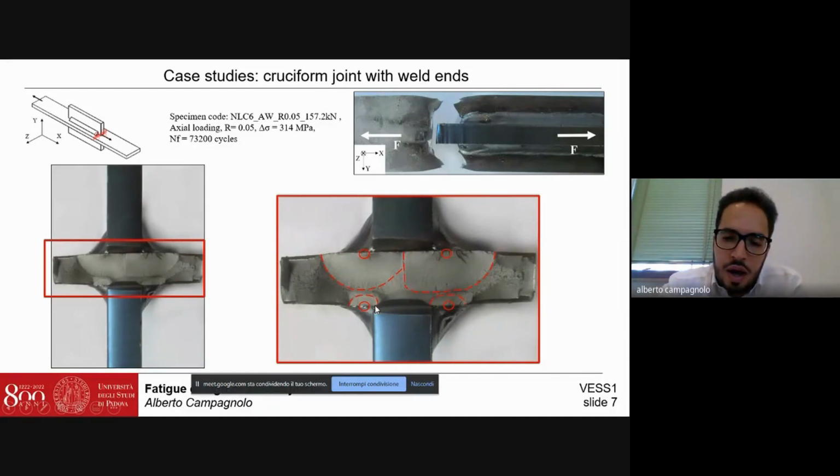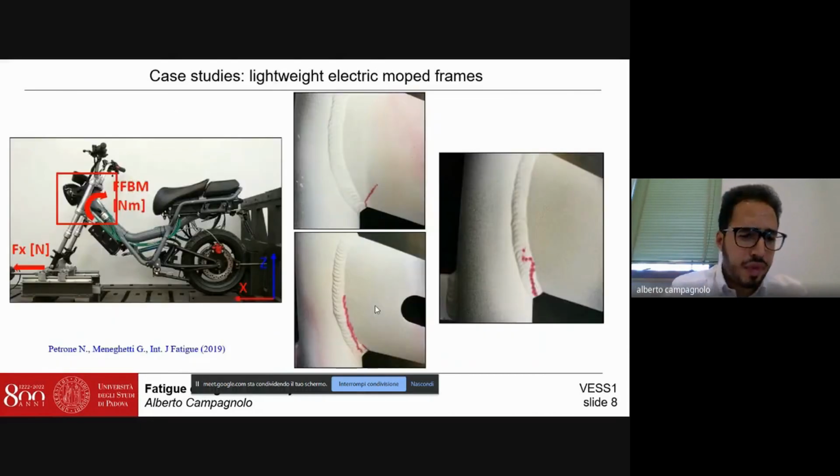However, this fatigue cracking behavior for welded joints is not present only on small-scale laboratory specimens, but we can observe similar behavior also on large-scale welded structures dealing with industrial applications.